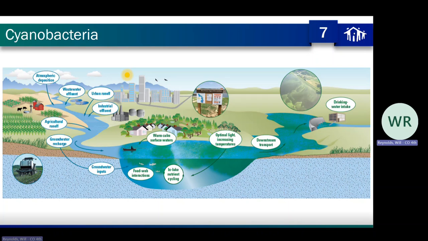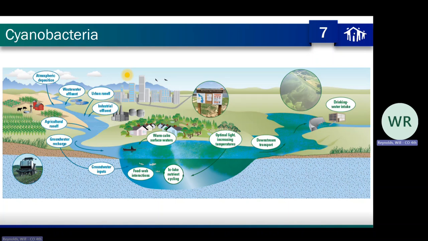So returning to the other elements that are present in this image, the farmland, industrial effluents, wastewater effluents, all of these things can contribute to nutrient imbalances in the water, which can cause blooms.